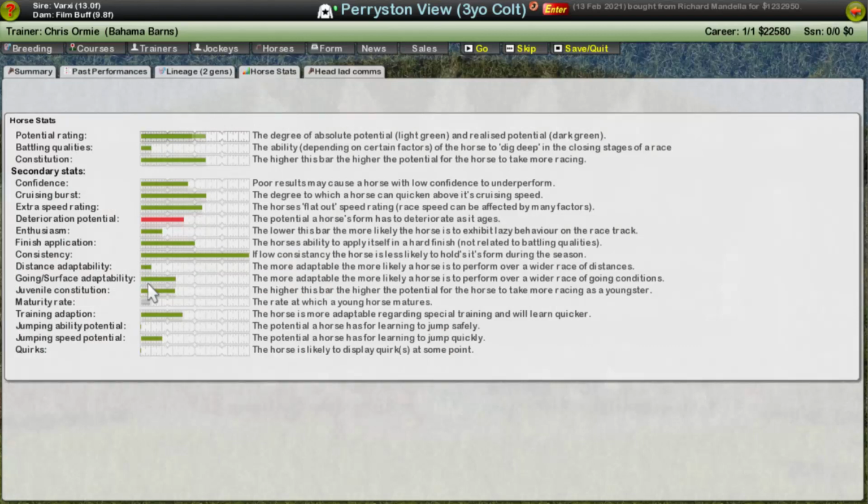But make sure that you're looking at the right stats. And if it has low cruising burst, that doesn't mean it always won't. It can gain. 35% cruising burst doesn't look like much. But when it turns 3, that could be 50%. 70% potential might not look great.